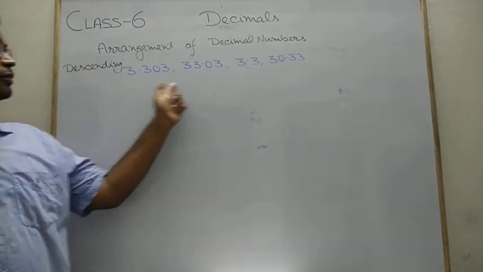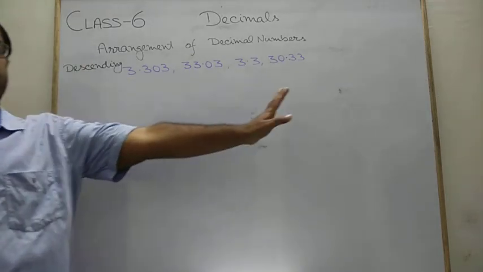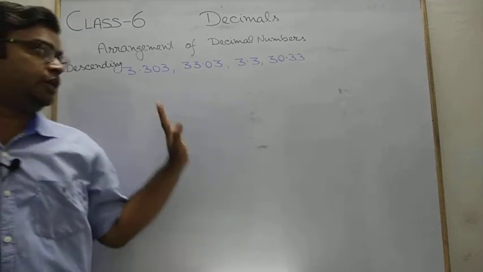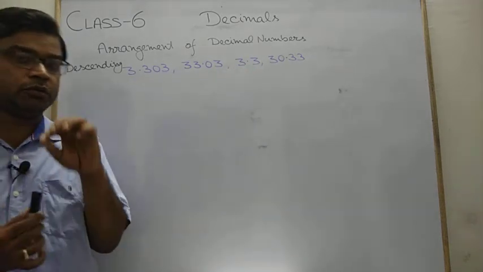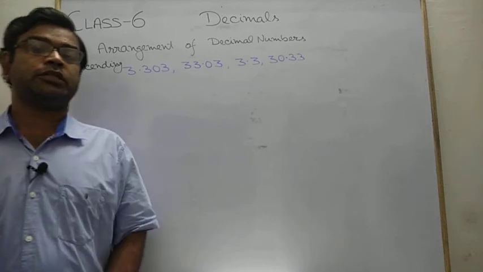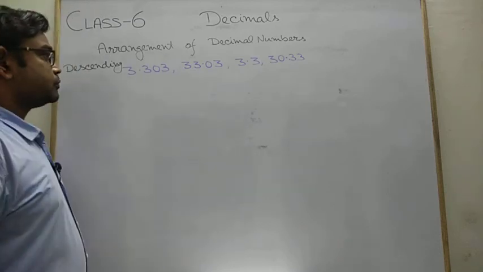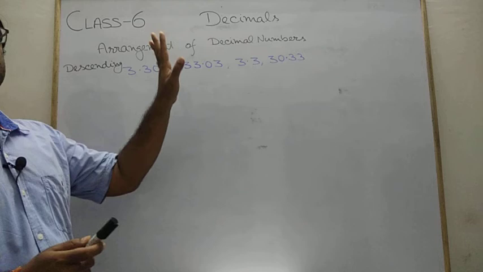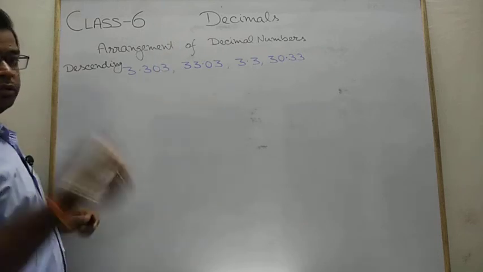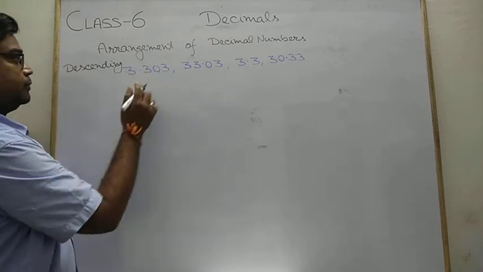Here we have some numbers containing only the digits 0 and 3. So it may confuse you, but there is no need to be confused, just try by yourself. First, what we do is make them into like decimals. I am using a black ink pen right now.